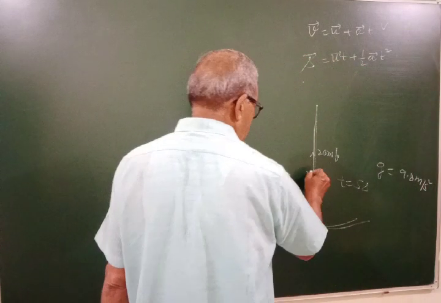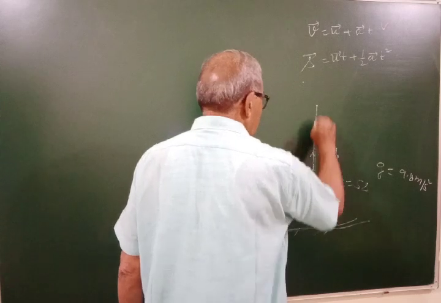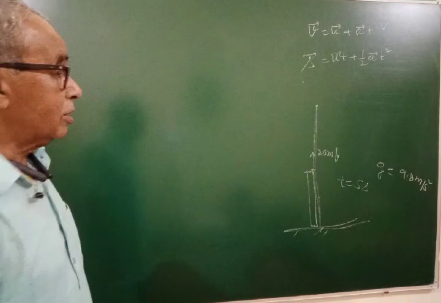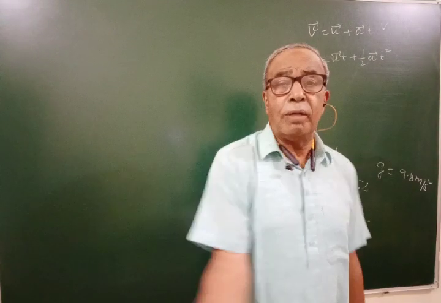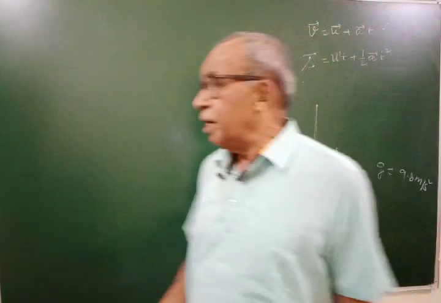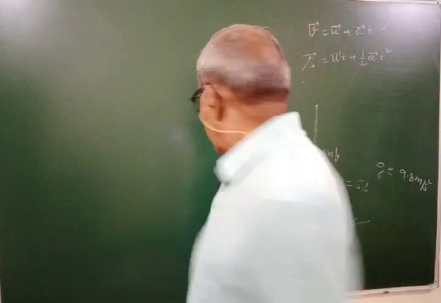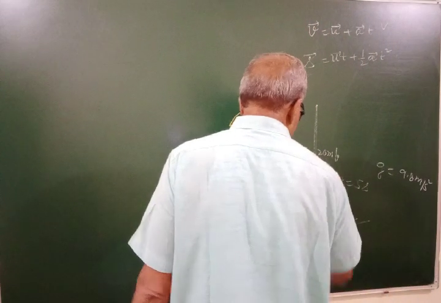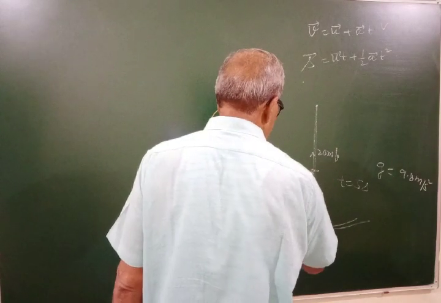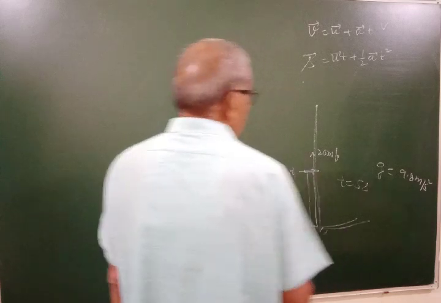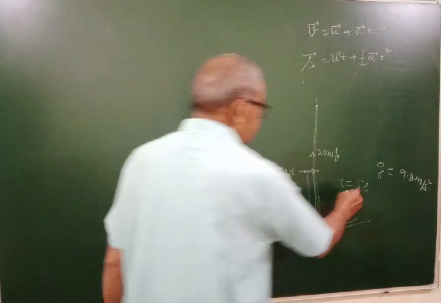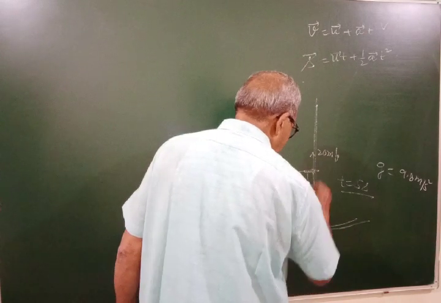From the top of the building, the ball is thrown up and it comes down to the ground in 5 seconds. It is thrown vertically upward, so it goes up to a certain height and finally returns back. Taking the initial position as x0, the displacement finally in 5 seconds is the height of the building.